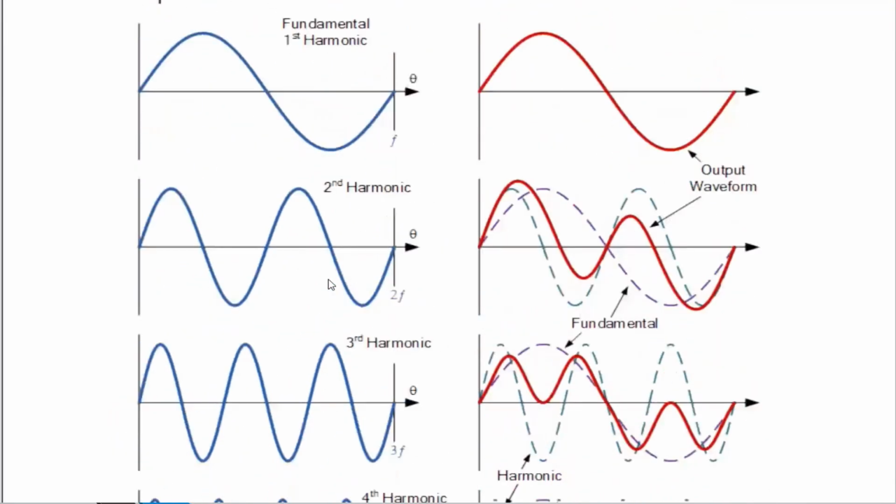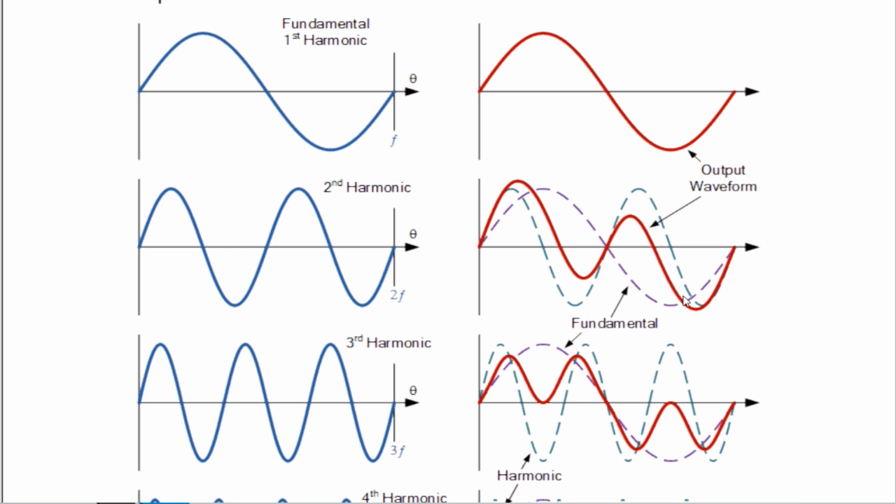So if they mix up, how will the resultant wave be? You can see this is the first wave, the fundamental one in purple color, and then in green color you have the second harmonic, and together they make this red color wave.